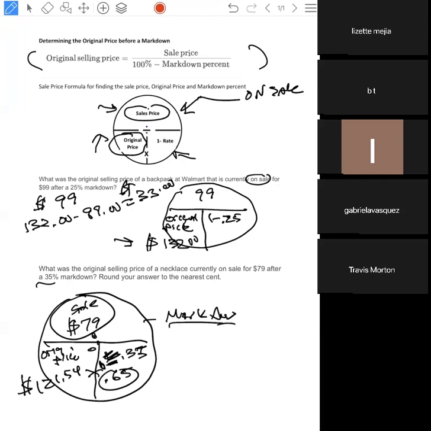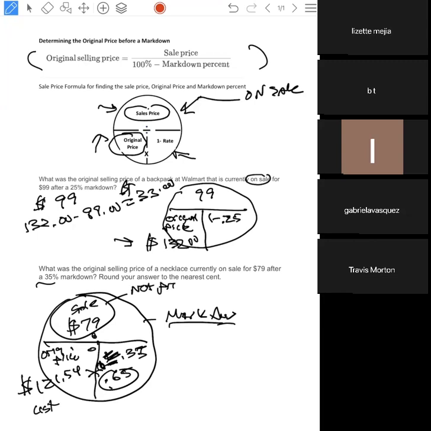So this is very similar to what I was calling before the list and net price formula. It's the same exact formula if you just want to find the net price versus the list price. My list price was 124. If I do the 1 minus the rate I want to get to markdown, that would give me 65. I'd multiply those together, and that would give me my net price.